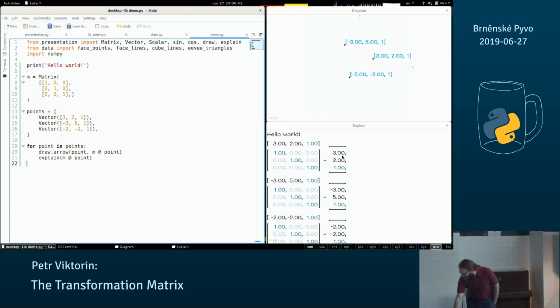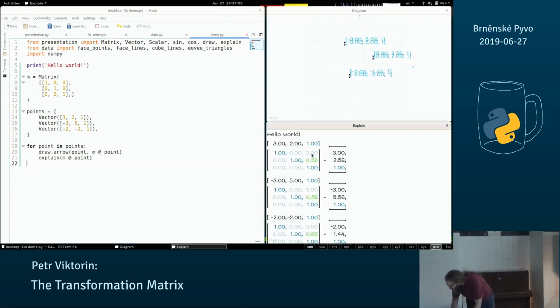So I need to increase this middle number here by some constant. How do I get a constant? Well, I always have this 1 here. I can multiply that 1 by something to add that something to this number. Does that make sense? Right? So let's take this number, put it up, and now my transformation matrix transforms all my points up.